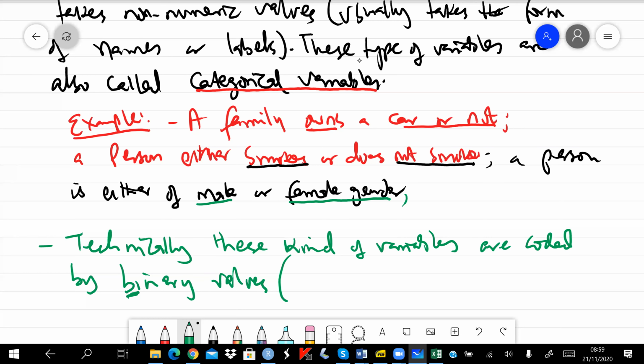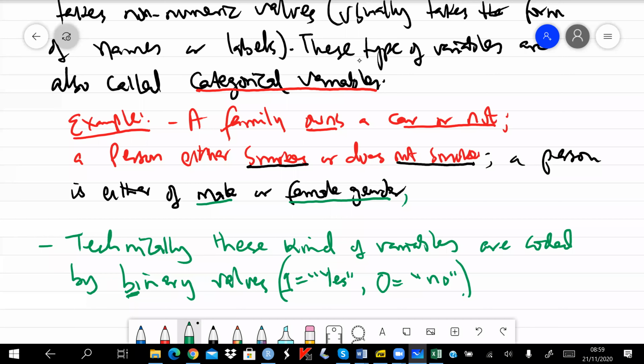Bi signifies two. So binary values, that is 1 if the answer is yes, and then you say 0 if the answer is no. So for instance, if your interest is whether a family owns a car or not, then the answer is either yes or no. If you ask this question, do you own a family car? The answer will either be yes or no.